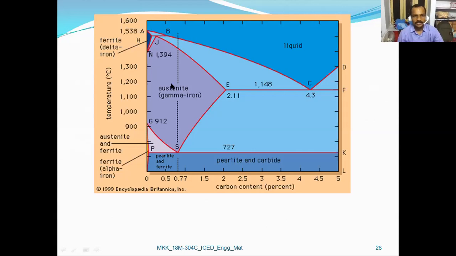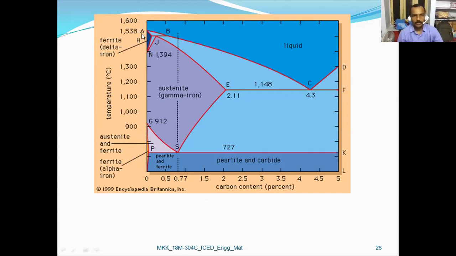Let us see the different forms again at different points. A, B, C, D is the liquidus line, H, J, E, F is the solidus line.